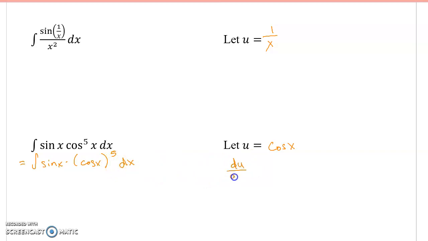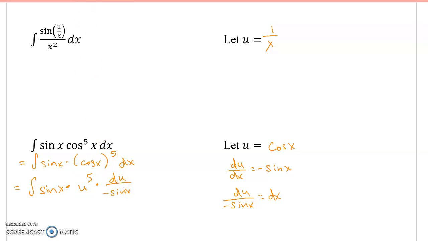Anyway, du dx is equal to negative sine of x. So du over negative sine of x is equal to dx. So when we rewrite this integral, that sine of x, which we already know is about to cancel out, can be written right there, and then we'll get u to the fifth, and then the dx is du over negative sine of x.